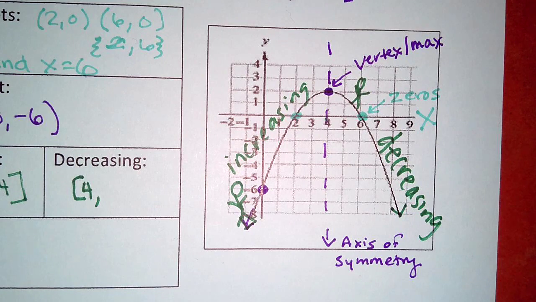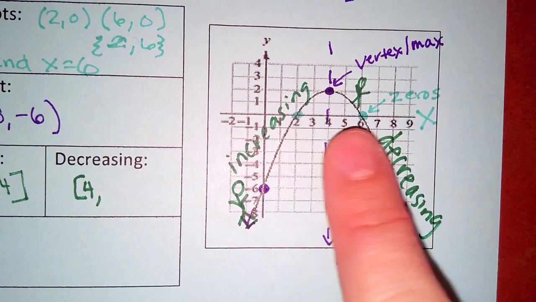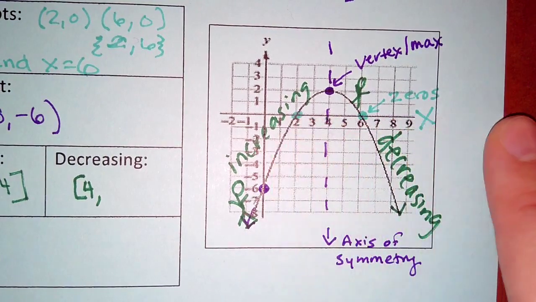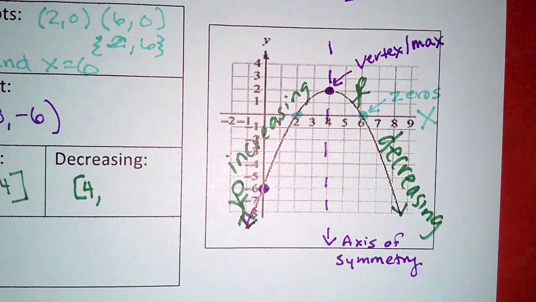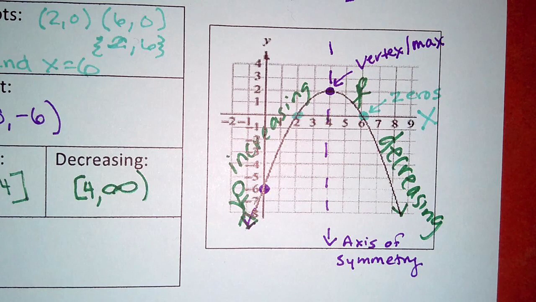Well, we're still talking about our x's, so really going to the right. So forever to the right, he's going to keep going down. So it is going to be to positive infinity because we're thinking about left and right. Even though he's going down, he's still going to the right. If they're going to the left, it's negative.